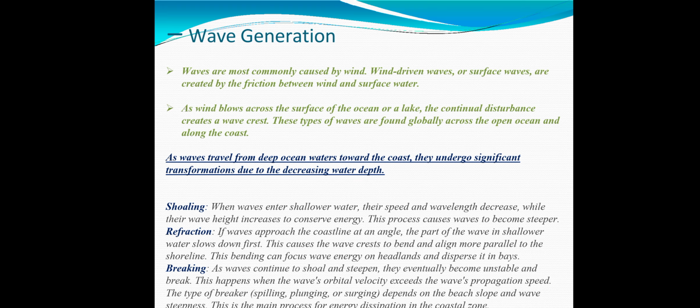This causes the wave crest to bend and align more parallel to the shoreline. So refraction is a process where a wave approaches the coastline at an angle, and as a result the part of the wave in shallower water slows down, and this causes the wave crest to bend and align more parallel to the shoreline. This phenomenon is called refraction.